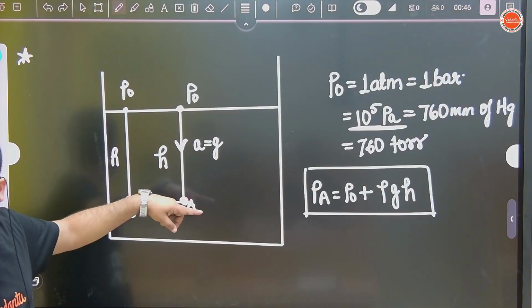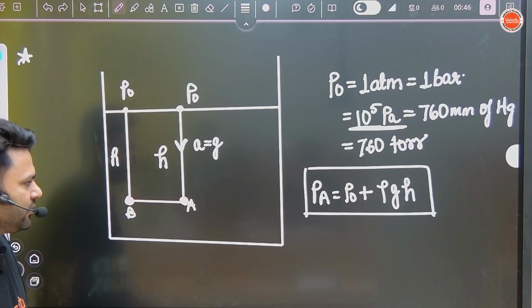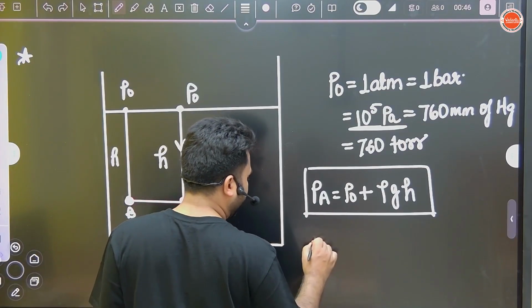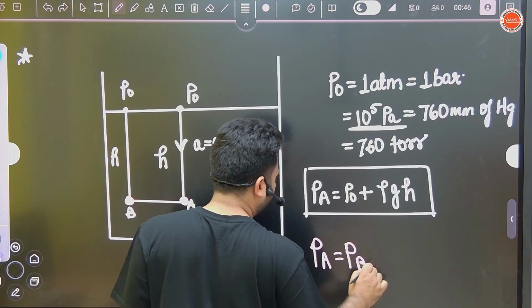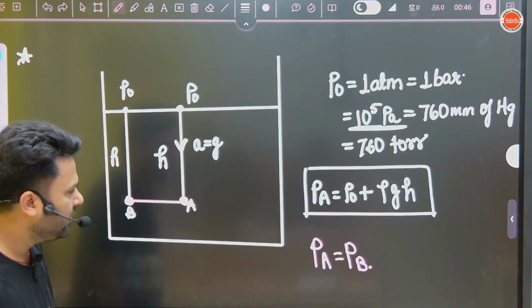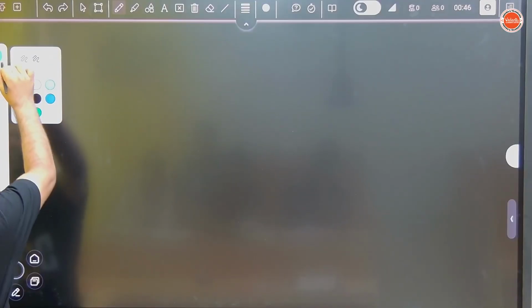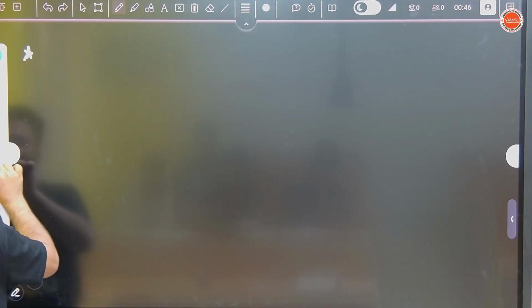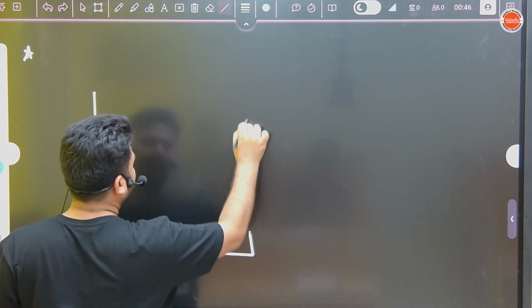In this direction, no acceleration means pressure will be the same. So what we can write? Pressure at A equals pressure at B. Correct?